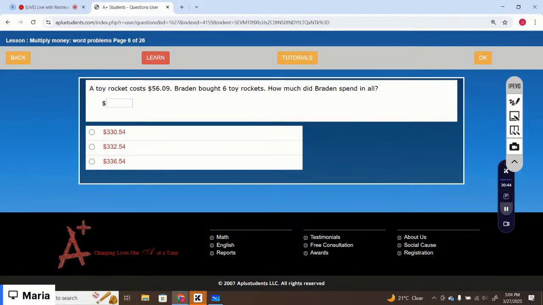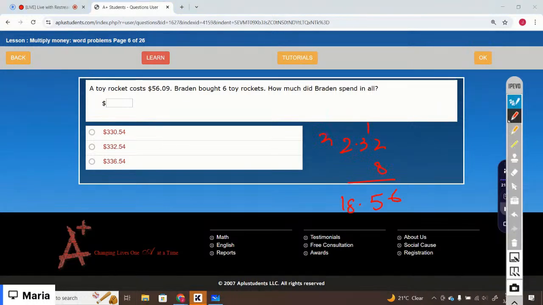A toy rocket costs $56.09. Braden bought 6 toy rockets. How much did Braden spend in all? 56.09 is the cost of one, so we have to multiply it by 6.